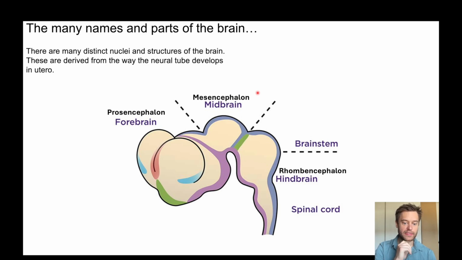But one thing that I think I probably mentioned in the last lecture, which is really challenging, is that people will have different naming cultures for the brain depending on their lineage of training and when they were trained. So you don't hear too many people that were trained in my time period referring to the forebrain.